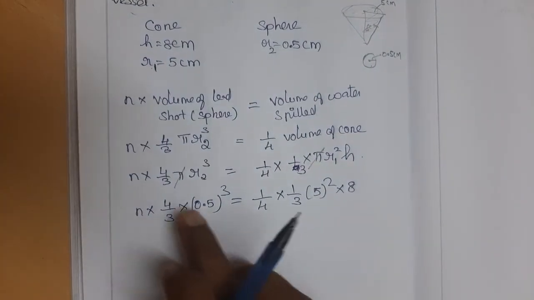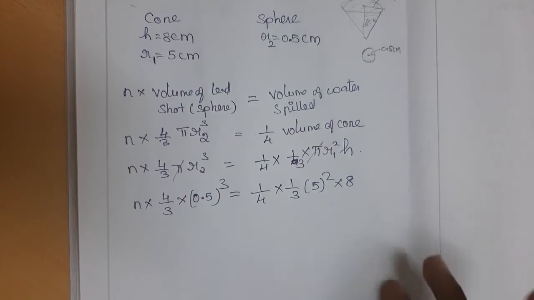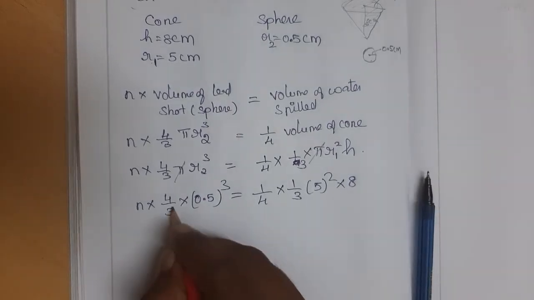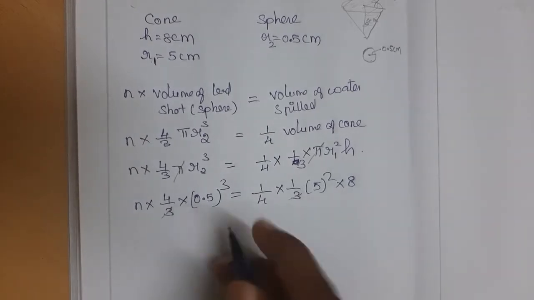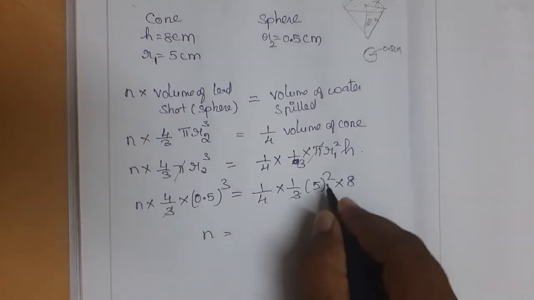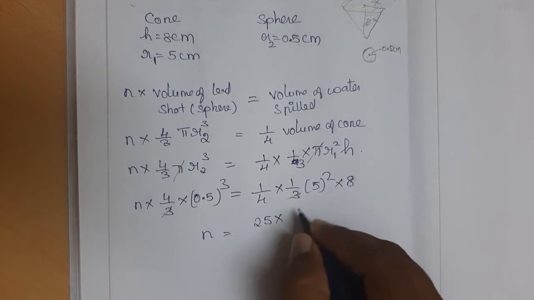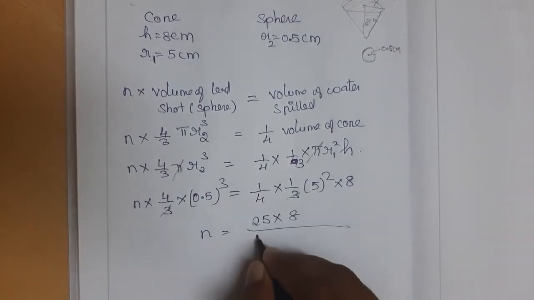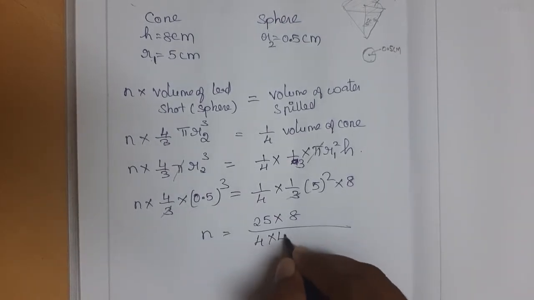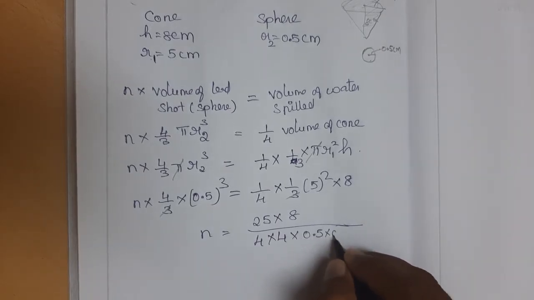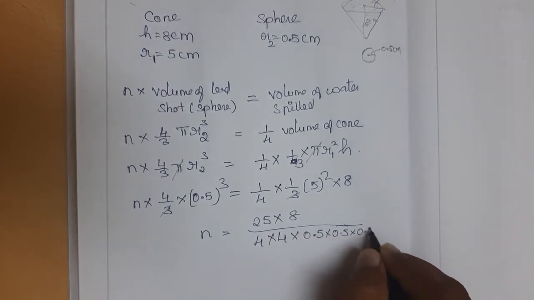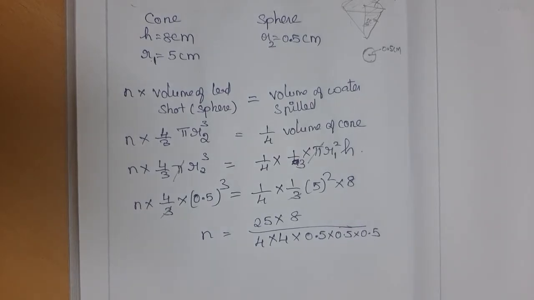So we need n, so let me take everything to that side. I think we can cancel this 3 also. So n is equal to 25 into 8 divided by 4, and this 4 will come in the division, and 0.5 cube also in the division. Let me write it as 0.5 into 0.5 into 0.5, so that it is easy to cancel, right?